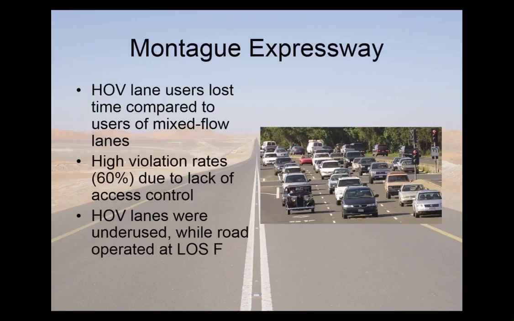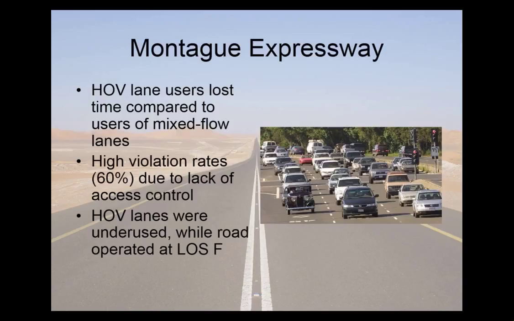The HOV lanes had high violation rates, in some areas as high as 60%, due to the lack of access control. Especially at intersections, vehicles would cut over into the HOV lanes to turn right, and vehicles coming out of driveways, for instance, might inadvertently use the HOV lanes.